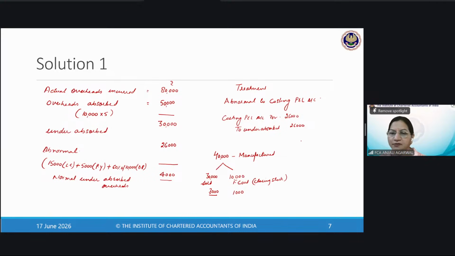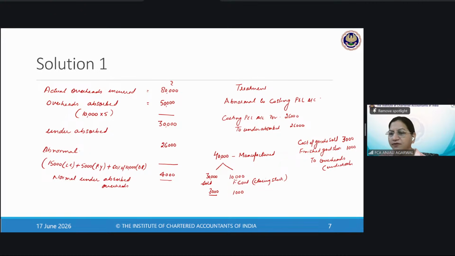So your journal entry would be cost of goods sold account debit for 3,000, finished goods stock 1,000, and once again to overheads account in bracket under absorbed.